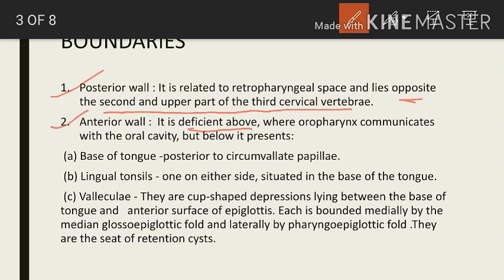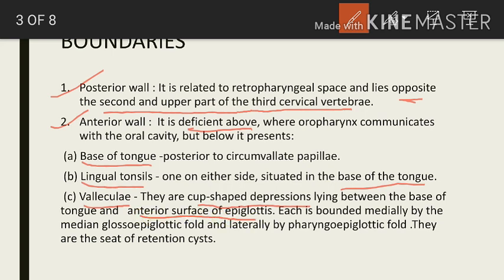Firstly, it is the base of the tongue, that is posterior to the circumvallate papillae. Then we have the lingual tonsils, one on either side, situated in the base of the tongue. Next, third important is valleculae. These valleculae are nothing but cup-shaped depressions lying between the base of the tongue and the anterior surface of the epiglottis.